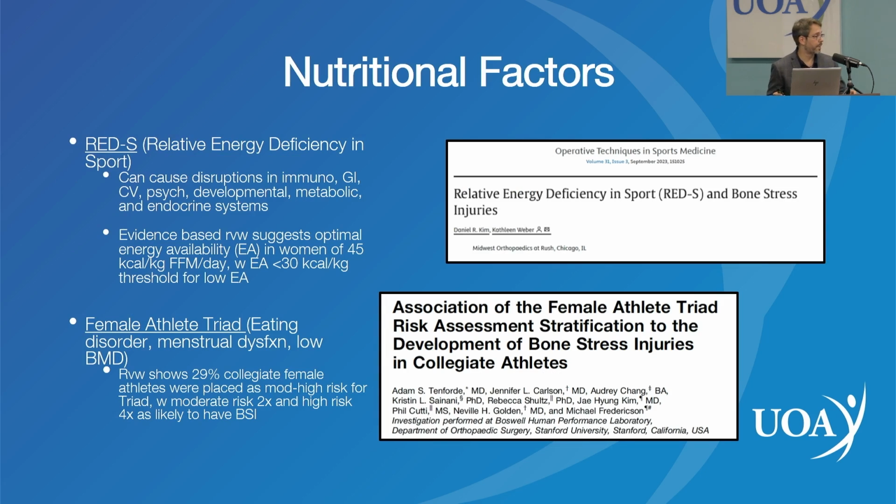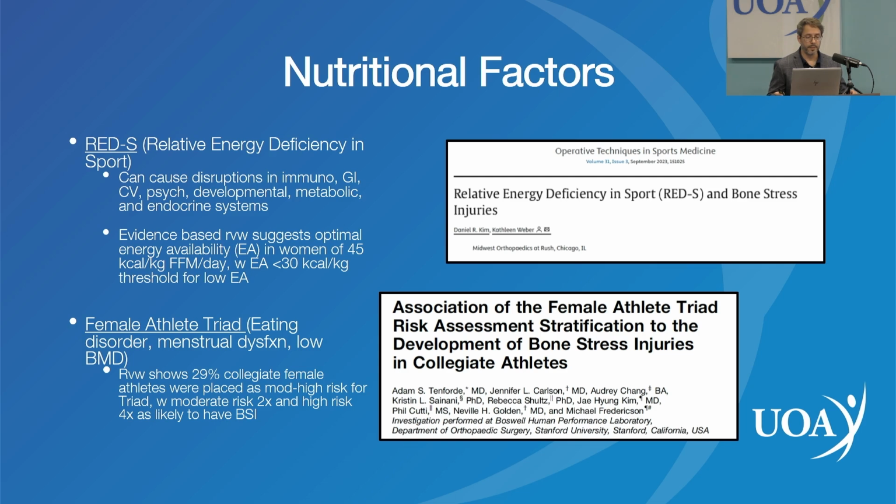Nutritional factors play a big, important role in BSIs. If we look at relative energy deficiency in sport, this is an umbrella term to talk about energy availability that's defined by the amount taken in or ingested as well as the amount of energy expended.